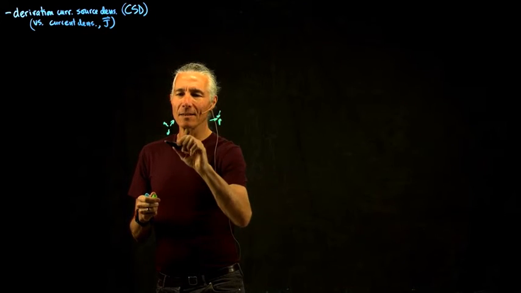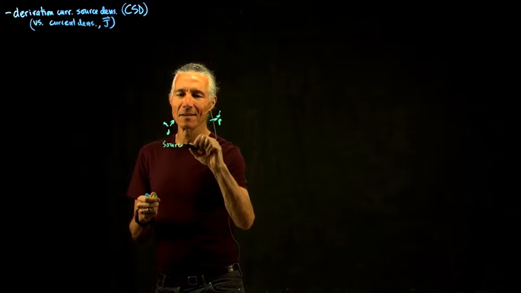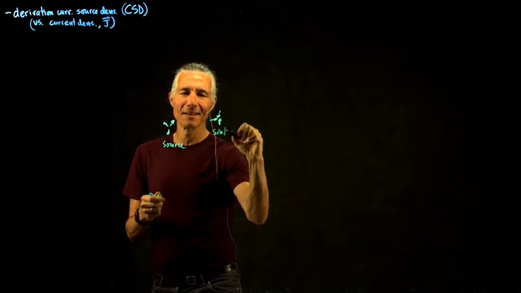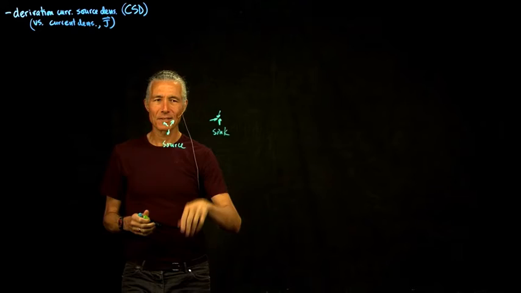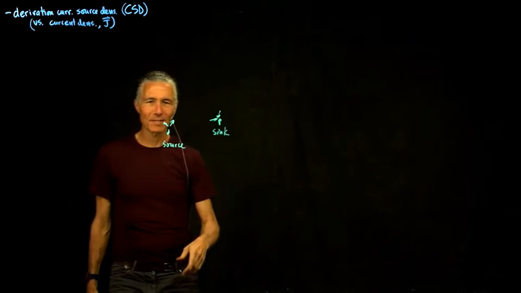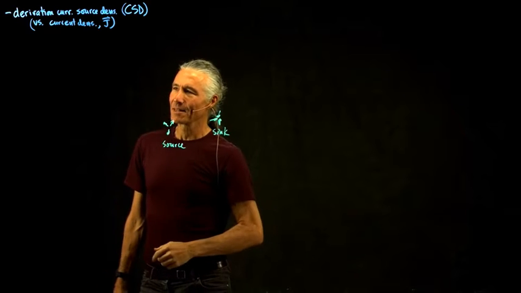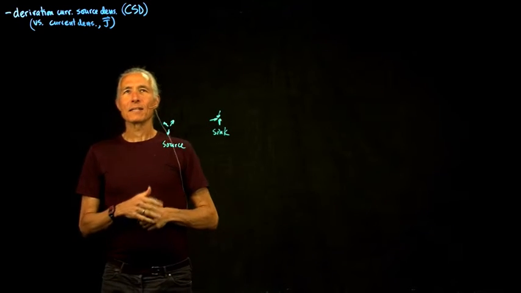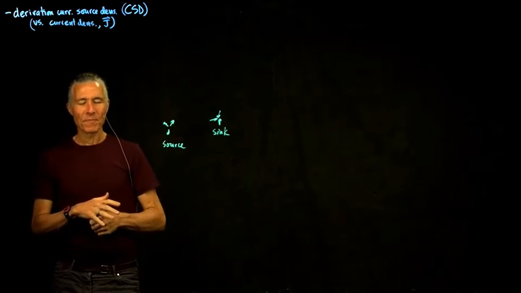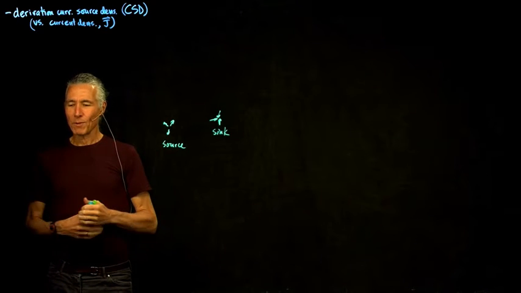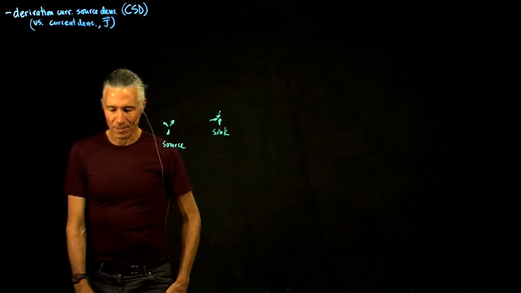So this is a source, and this is a sink, like the drain. This is the faucet, and this is the drain. That's basically what current source density is in words.